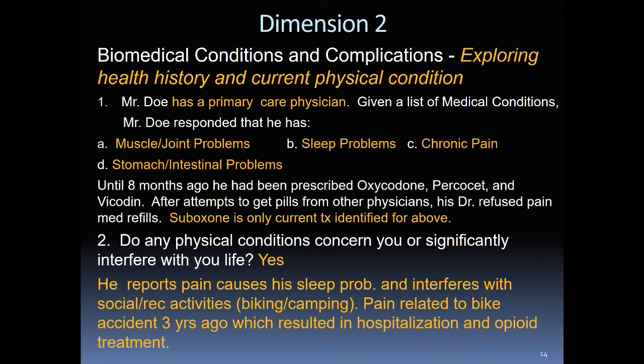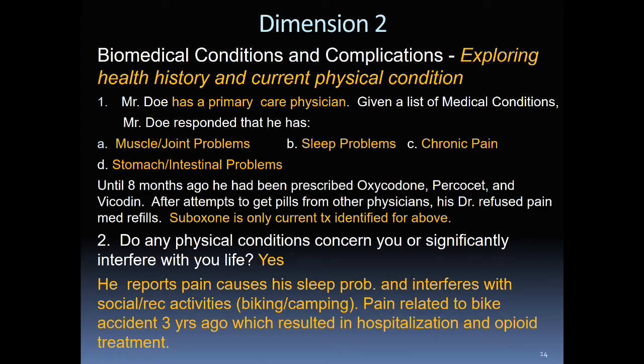All right, moving along to Dimension 2, the BMC, biomedical conditions and complications, exploring health history and current physical condition. So let's take a look here. Mr. Doe has a primary care physician. He was given a list of medical conditions.